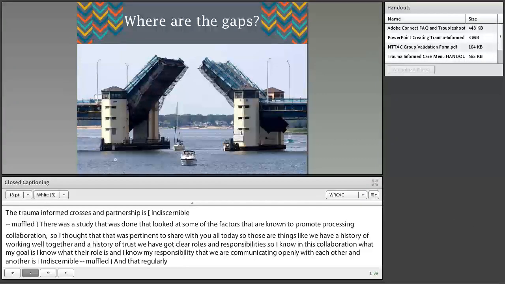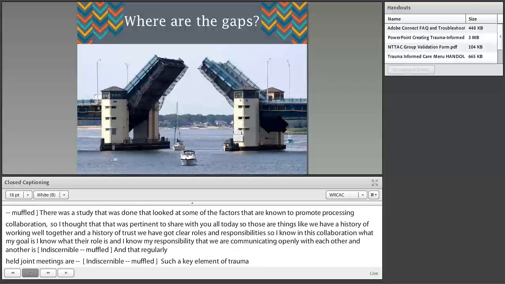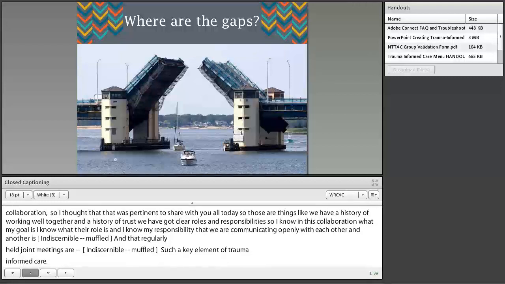So this is really just one of those reflection questions that I'd like you to take a moment and think about. Thinking about the factors that I just mentioned, communication, information sharing, trust, if you could just think about where are the gaps? Where are the gaps in my organization that maybe limit or serve as barriers to that good system collaboration? What might I want to take out of this presentation?